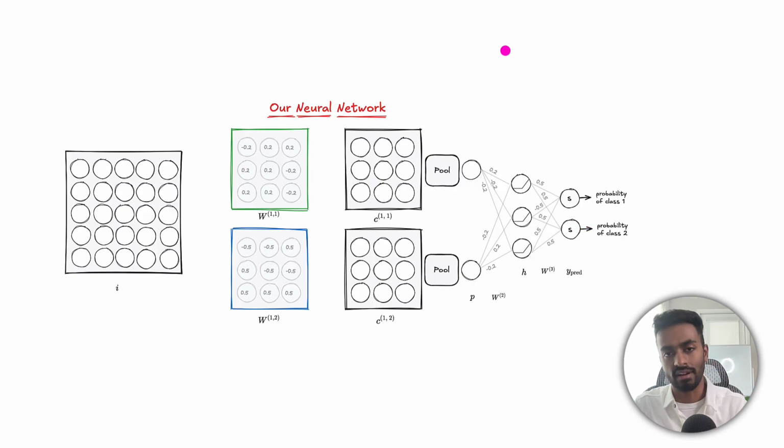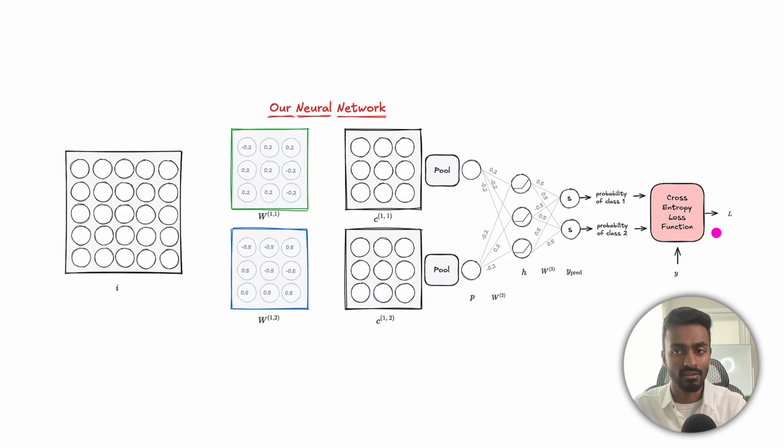So this is our network at a very high level. Now, once we get these probability values, we can pipe them into a cross-entropy loss function in order to calculate the loss for a classification network. The loss is a function of the predicted values of each class as well as the labels, that is, which class the input sample actually belonged to.